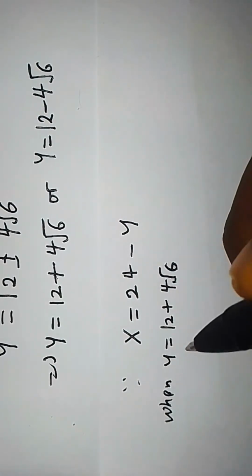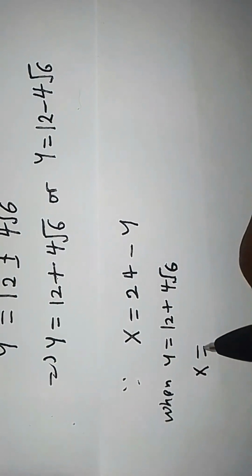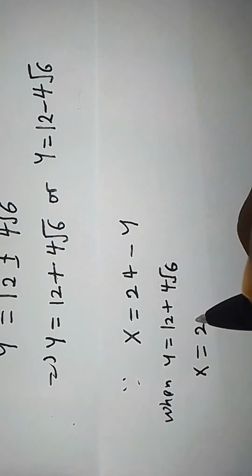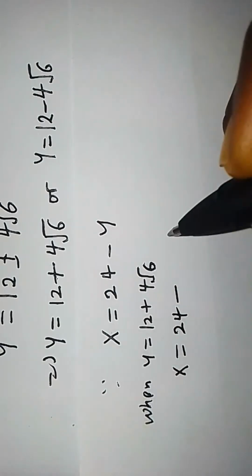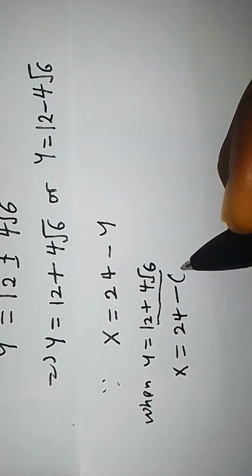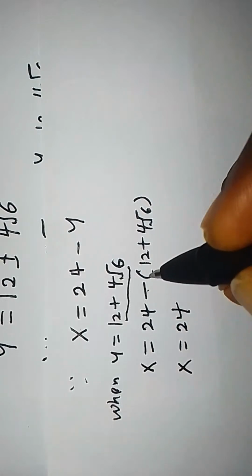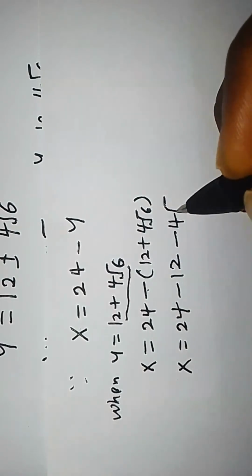Our aim is just to find x here. We have x equal to 24 minus, in place of y, we write this, 12 plus 4 root 6. x equal to 24, minus times 12, minus 12, minus times 4 root 6, minus 4 root 6.